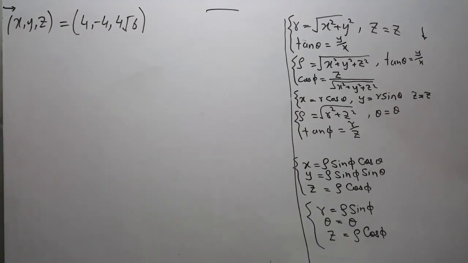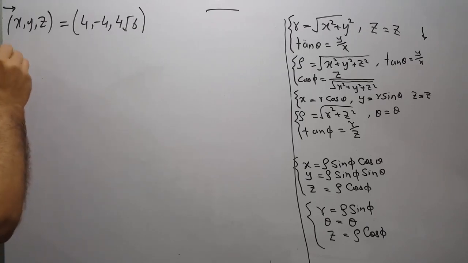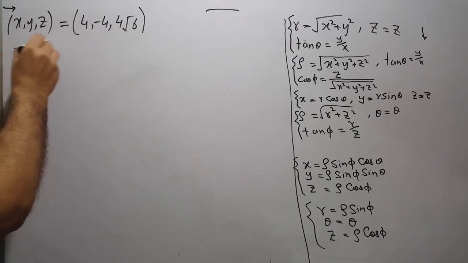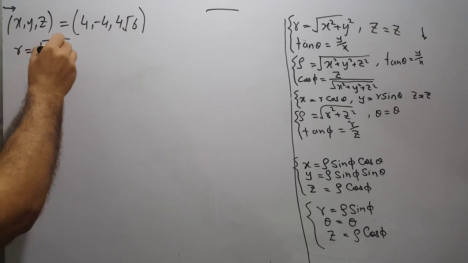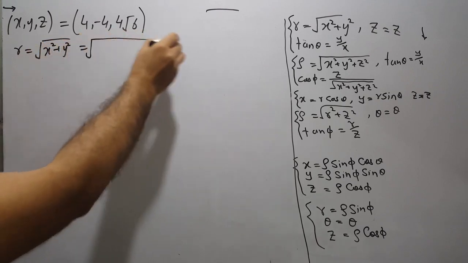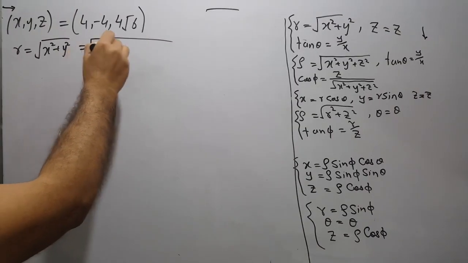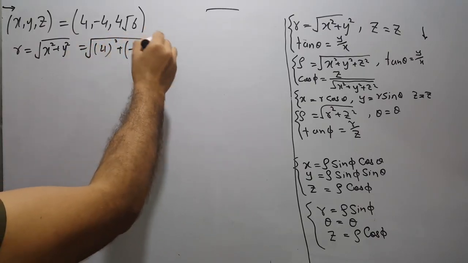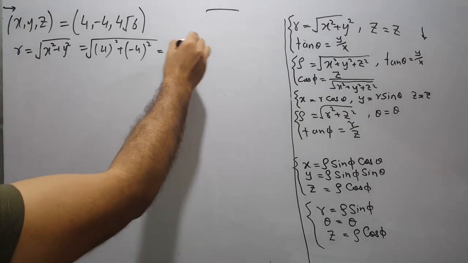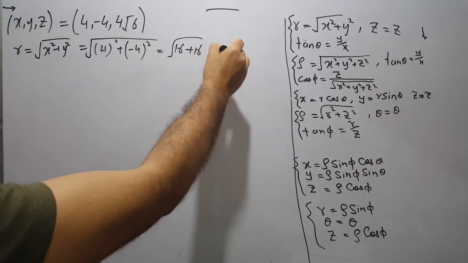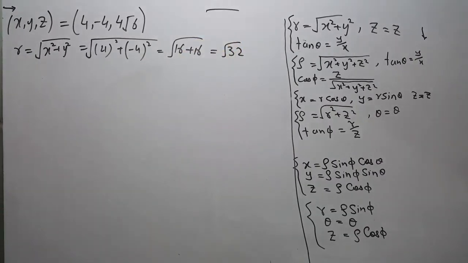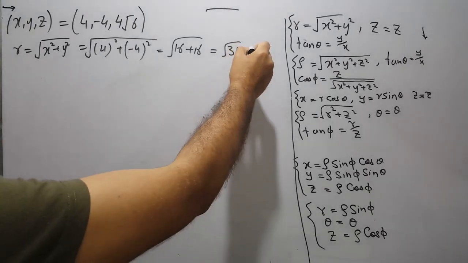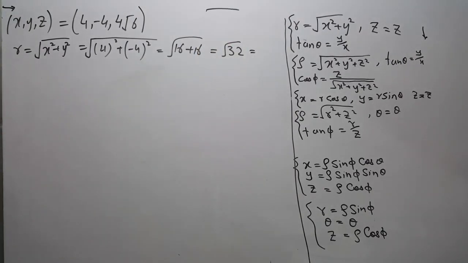To transform that into cylindrical coordinates, we know that r is equal to the square root of x square plus y square. Here x is 4 and y is minus 4, and we can see that 16 plus 16 is 32, and this can be further simplified if you want to.